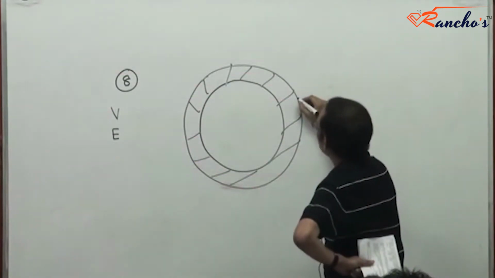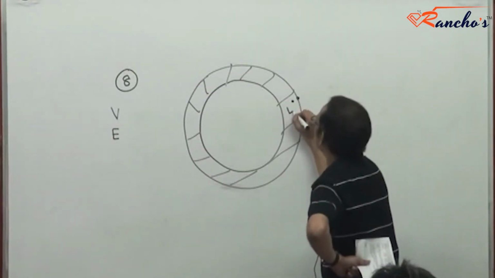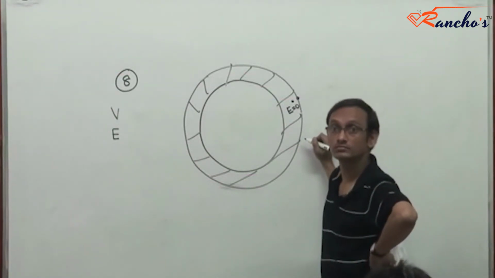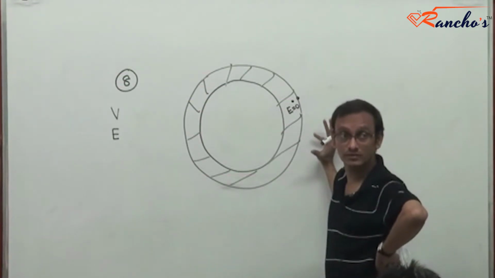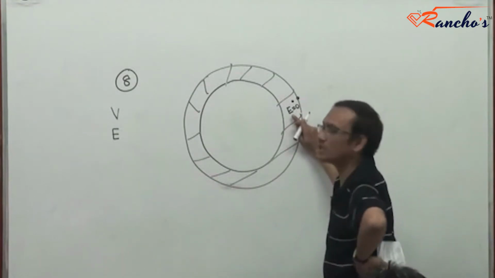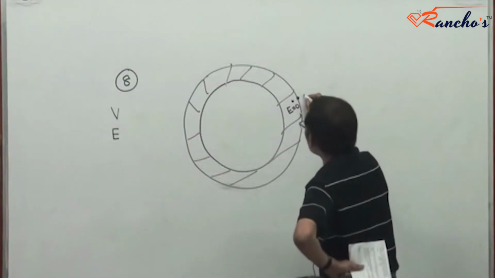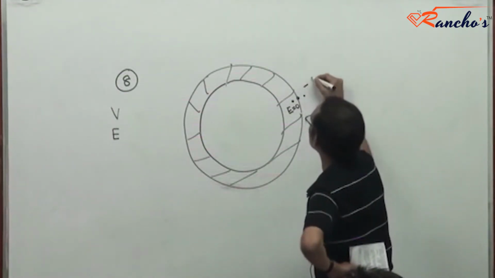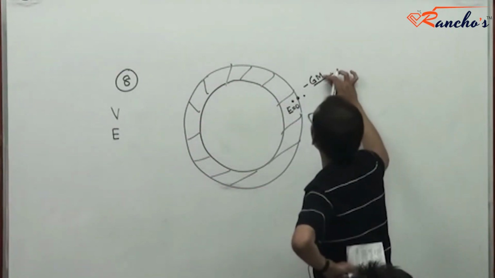Realize that if you look at this surface, just to the left of the surface, E is 0. Same as that of a charged shell. Inside the shell, E would be 0 and V would be constant, right? And just outside, it's going to have E equal to minus GM by R squared.